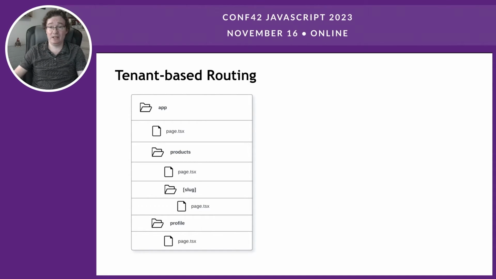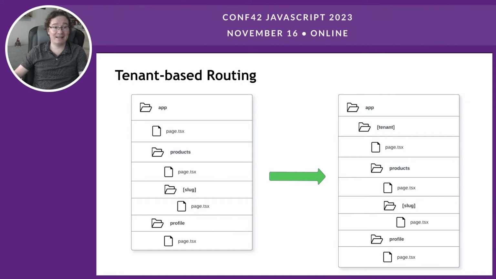The first step here is to look again at how we structure the routing and think, how could I make each route tenant aware, so it knows which tenant context it belongs to. And the solution here is to add a dynamic path segment to the very root of the router, so every route underneath it is under the context of that tenant.